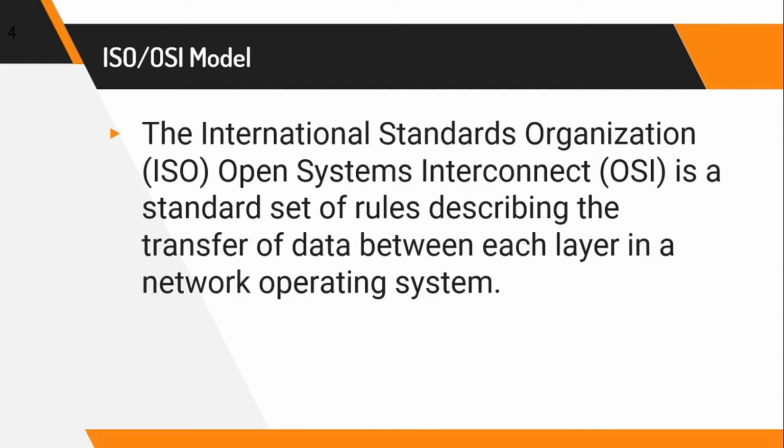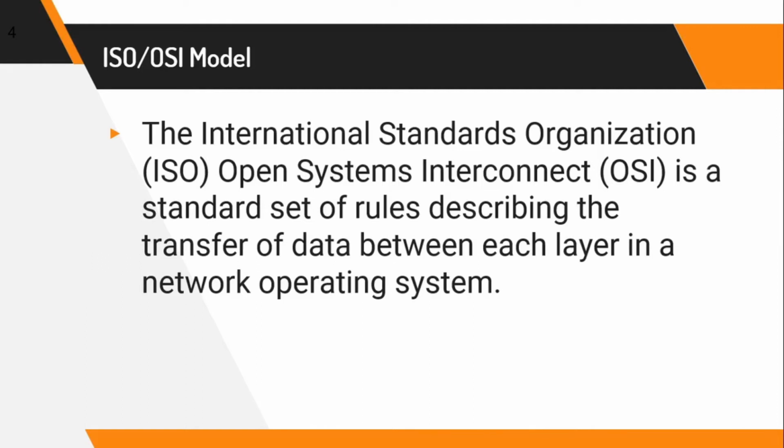The OSI model clearly defines the interfaces between each layer. This allows different network operating systems and protocols to work together by having each manufacturer adhere to the standard interfaces. The application of the ISO OSI model has allowed the modern networks that exist today.